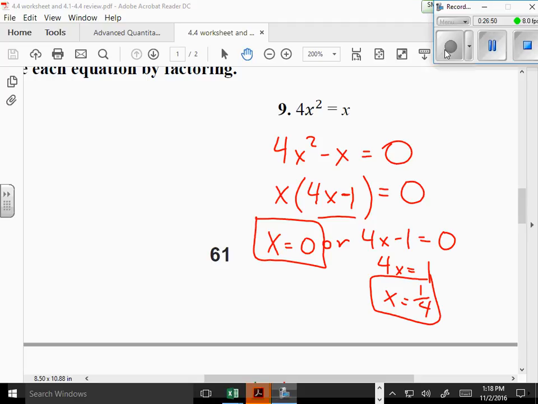Put 1/4 in. What's a fourth of 4? 1. What's 1 minus 1? 0. And 0 times a fourth is 0.